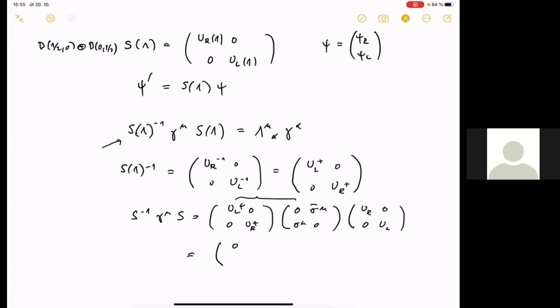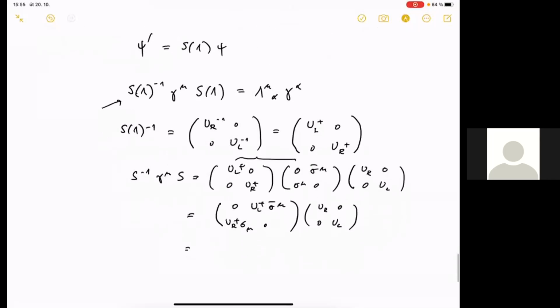Here we obtain 0, here we obtain UL cross times sigma bar mu, here we obtain UR cross times sigma mu, and 0 times this UR, 0, 0, UL. And in the end, we get just 0, UL cross sigma bar mu UL, and UR cross sigma mu UR, and 0.